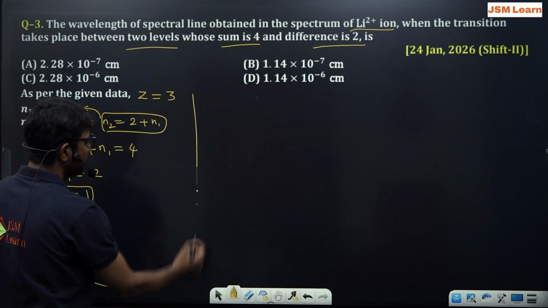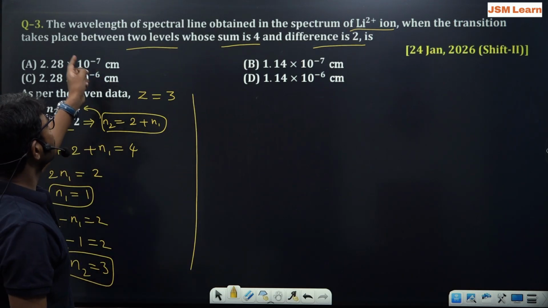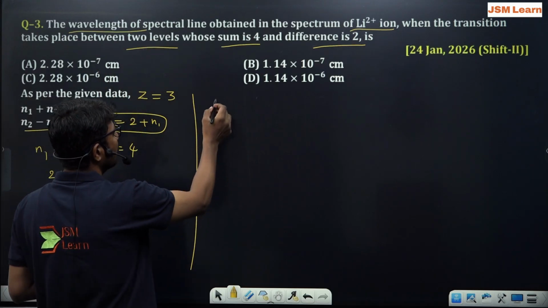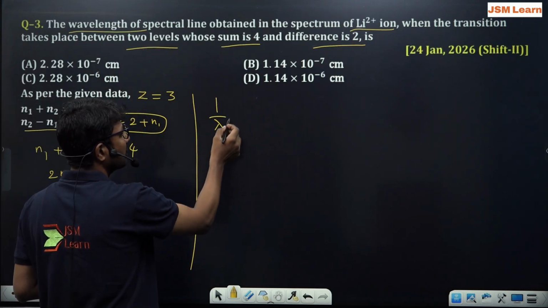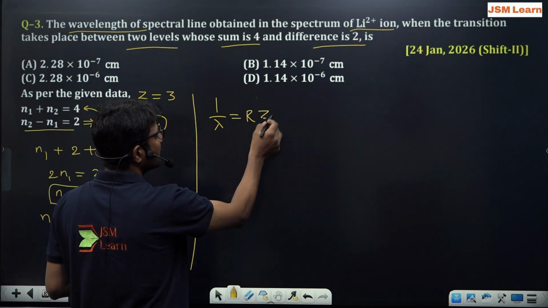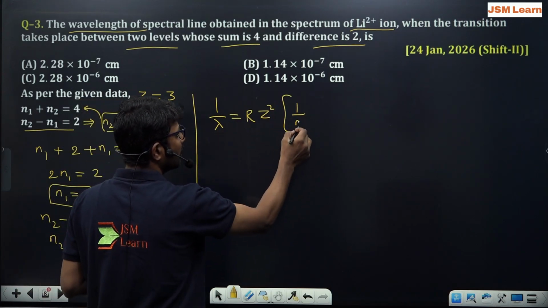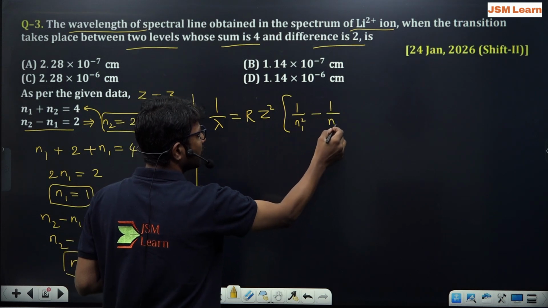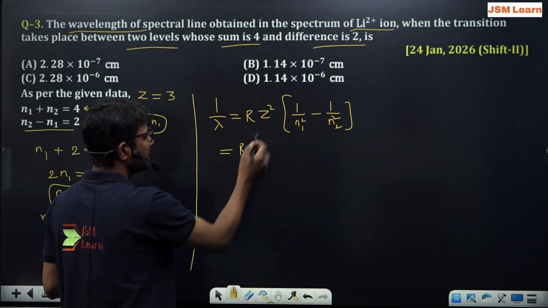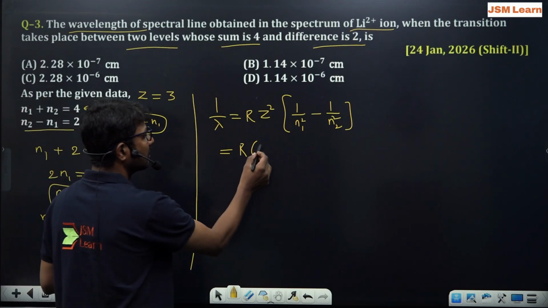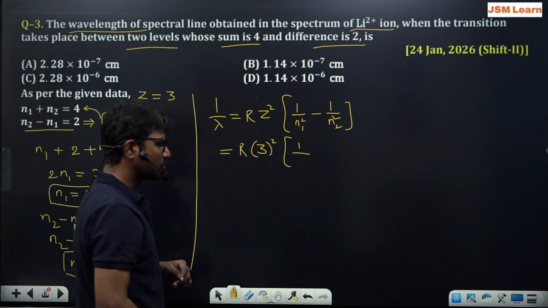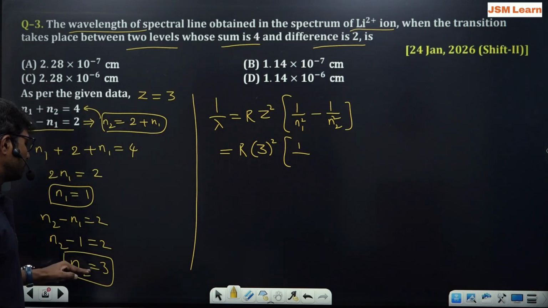So now let us see, what are they asking for? The wavelength of the spectral line. So the wavelength formula we have from the Rydberg formula: 1 by lambda is equal to R into Z square into (1 upon N1 square minus 1 upon N2 square). Z value is 3, whole square. Here the N1 value is 1 and the N2 value is 3.